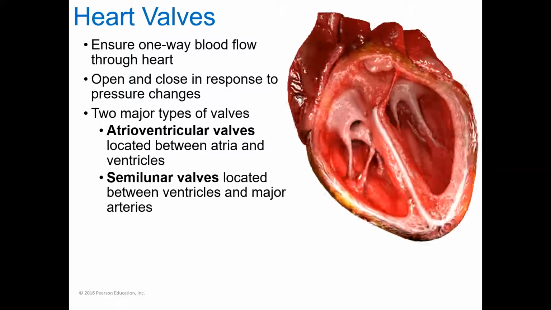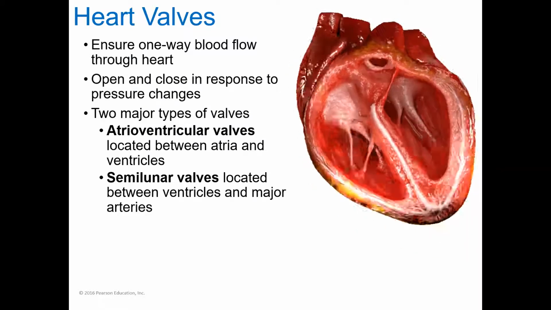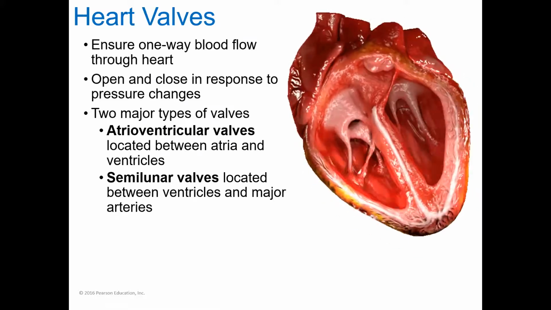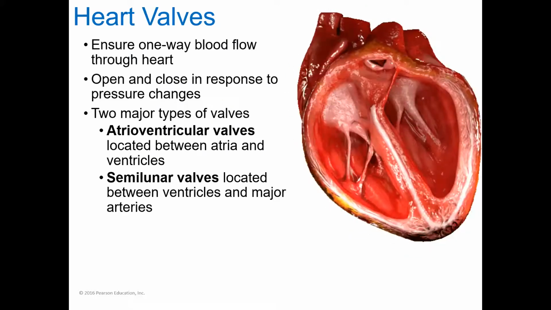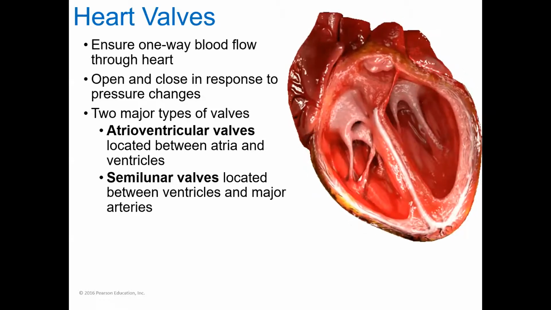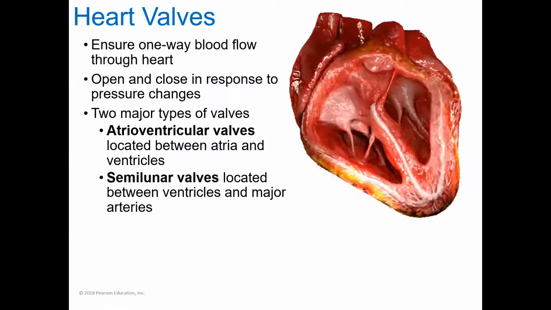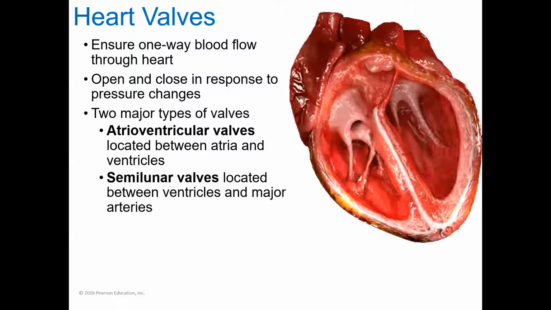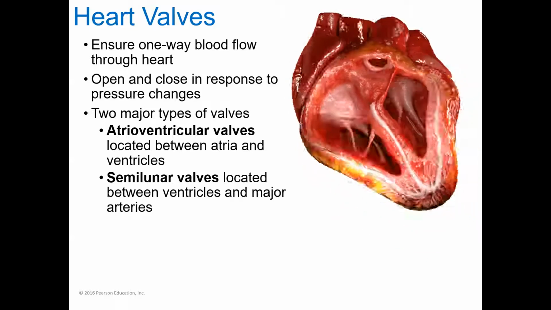Now, the semilunar valves are the valves that lead to the pulmonary trunk at the very top of the picture there, the one that keeps popping open and shut and open and shut. That's going into the pulmonary trunk. That is the pulmonary semilunar valve.